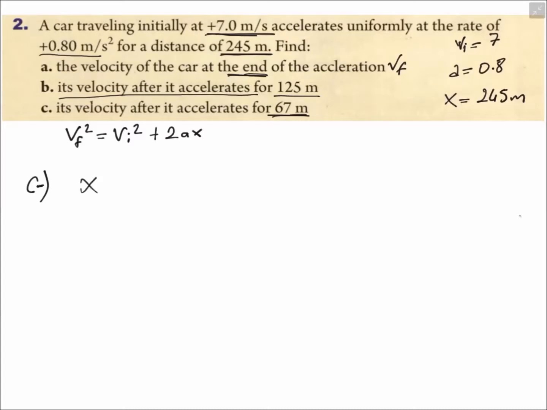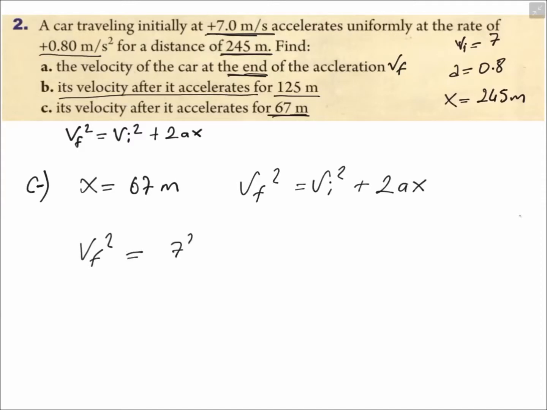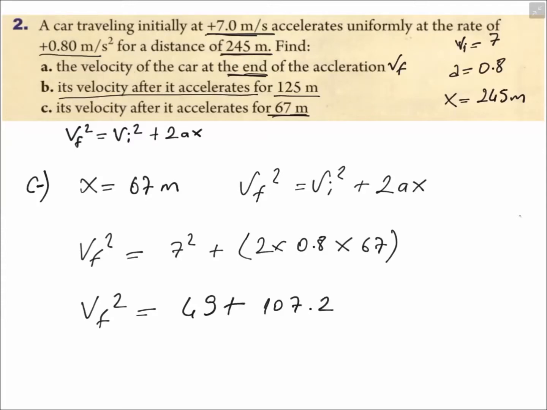Now I'm going to solve C. At C, x equals 67 meters, and then I will use the same formula. V final square equals V initial square plus 2ax, so V final square equals 7 square plus 2 times 0.8 times 67, and the V final square will be 49 plus 107.2.